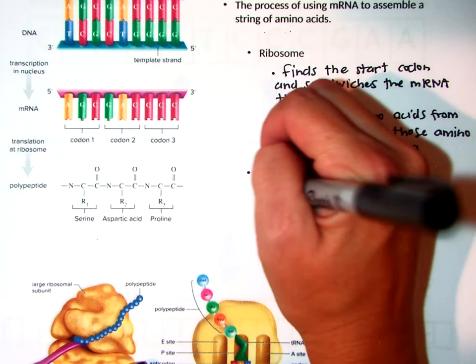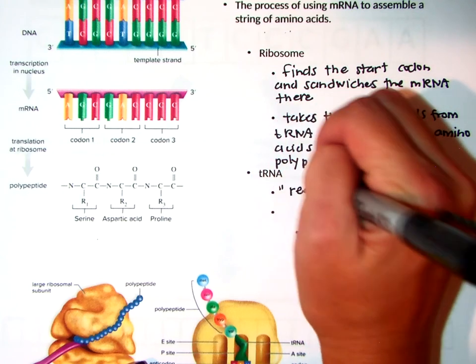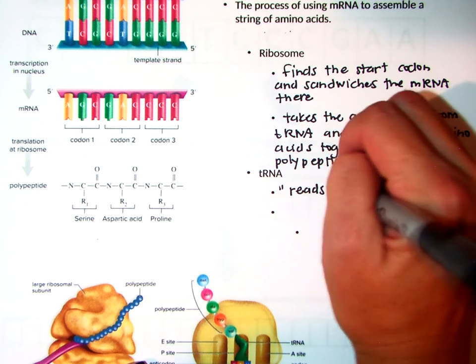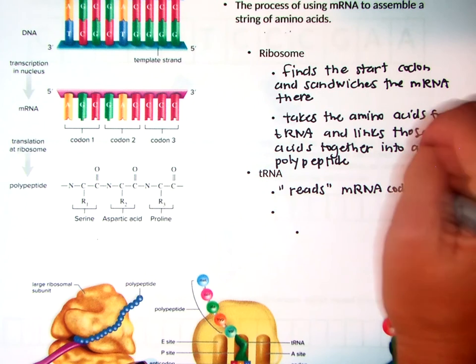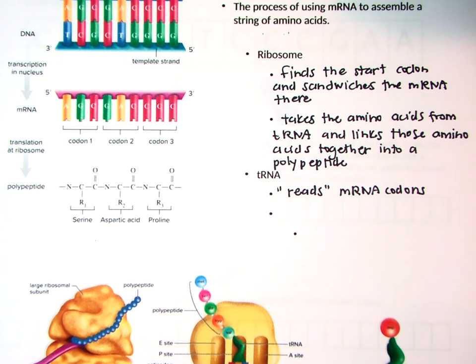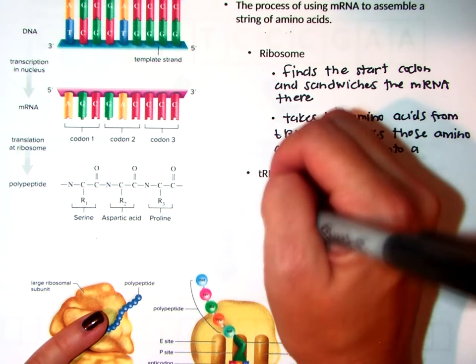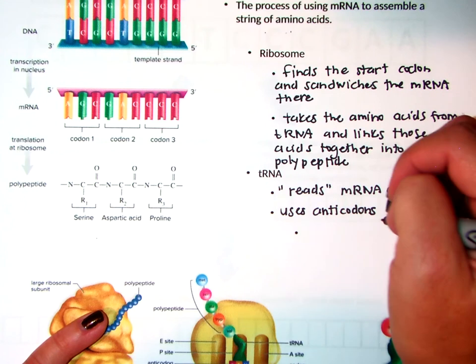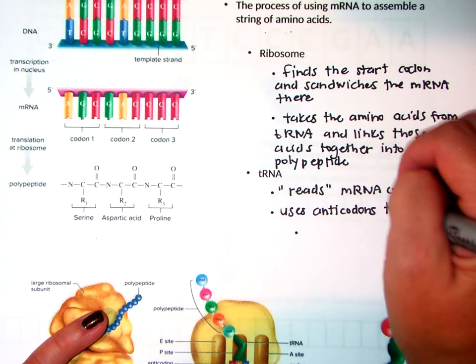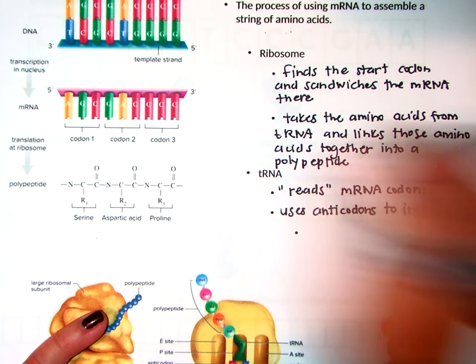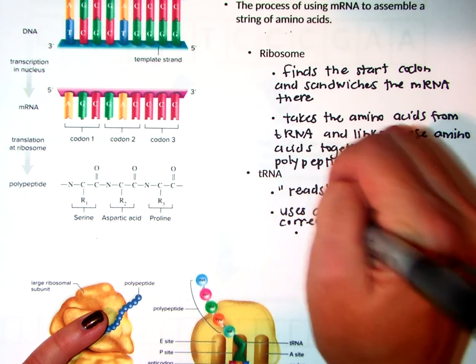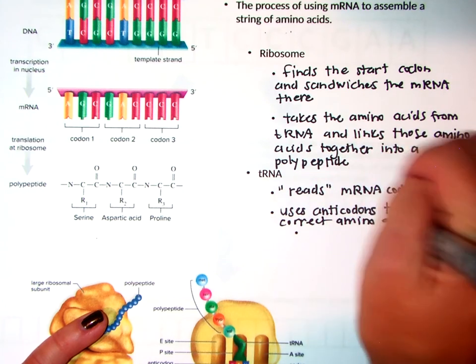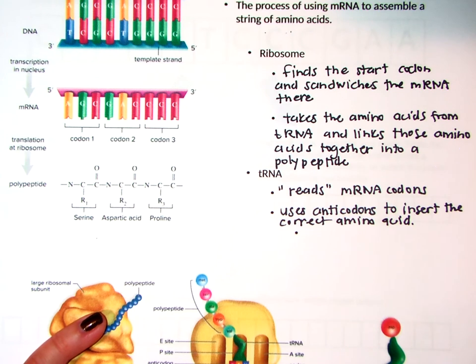It reads those mRNA codons, those triplet codons, and it uses anticodons to insert the correct amino acid. And we'll get to anticodons right after this.